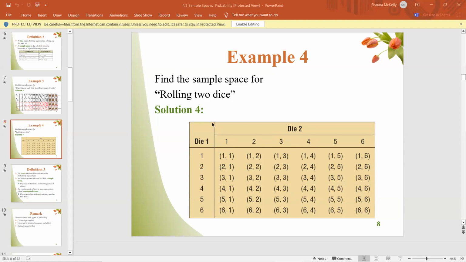So for example, 2-1 is a different outcome than 1-2. 2-1 means you rolled 2 on the first die, 1 on the second. And 1-2 means you rolled 1 on the first die, 2 on the second. So there's a total of 36 outcomes.